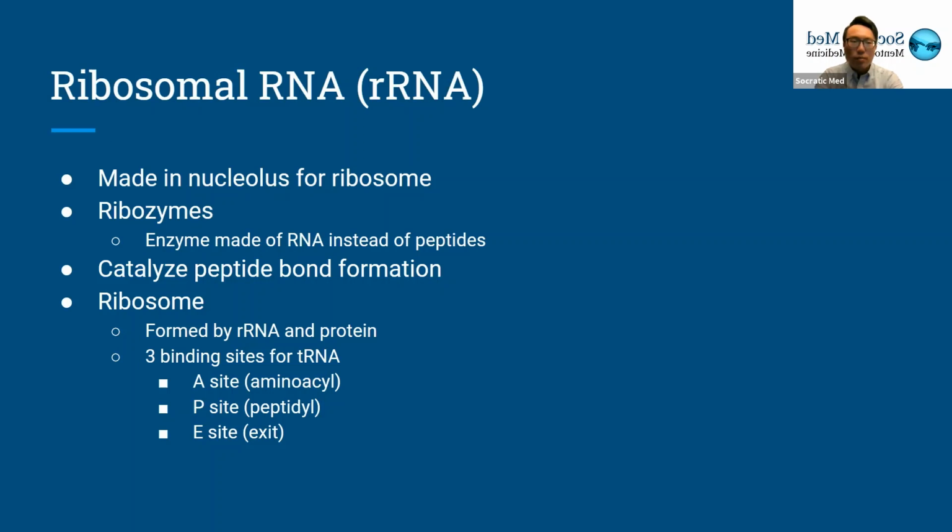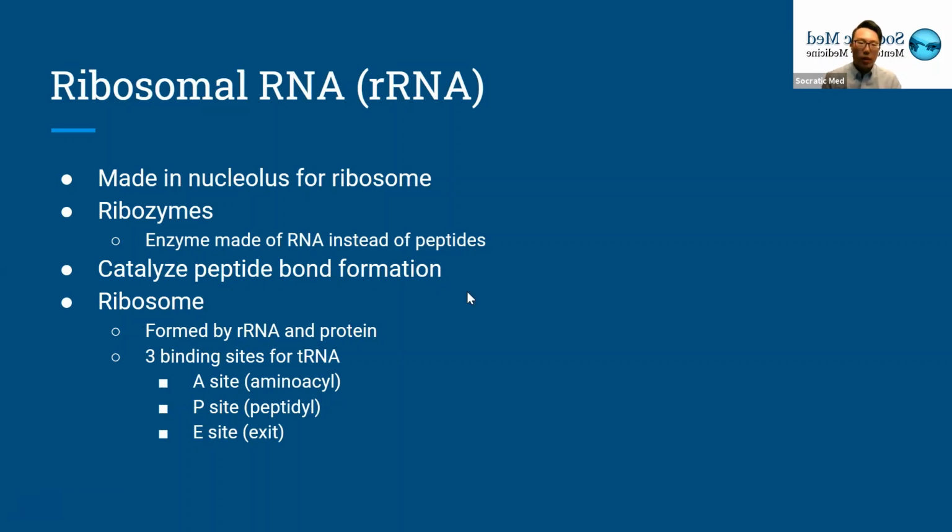So it's an enzyme that instead of amino acids, is made of RNA. And this RNA is used in ribosomes to catalyze peptide bond formation. It's actually connecting separate amino acids through peptide bonds to form the full protein.